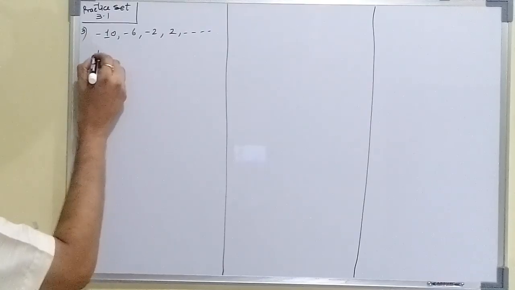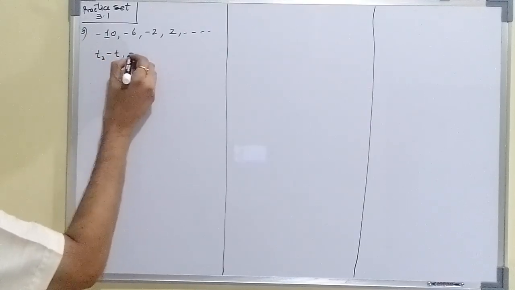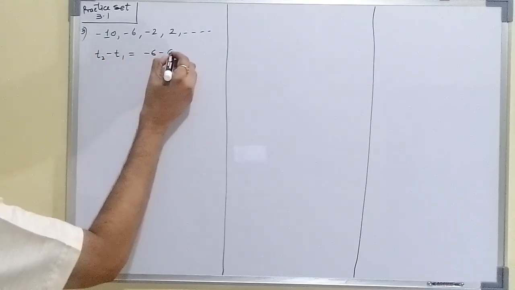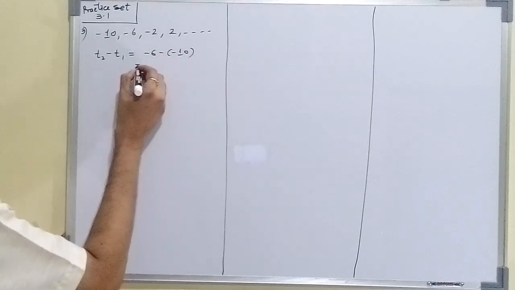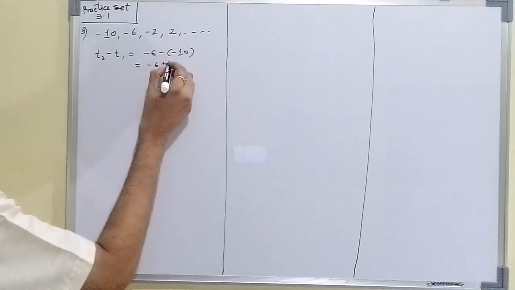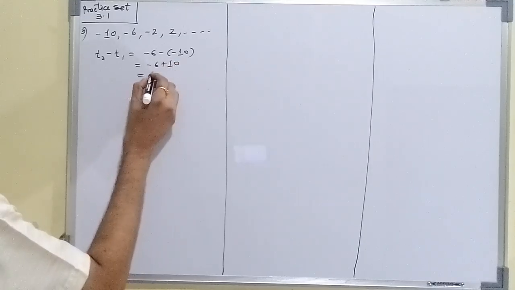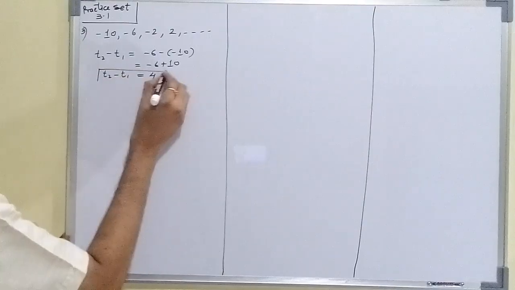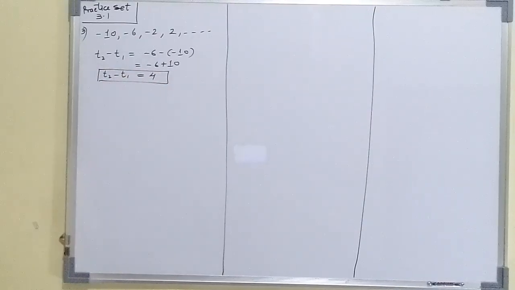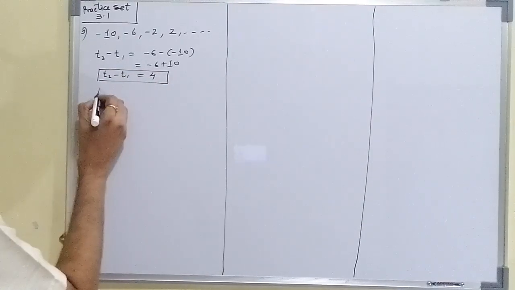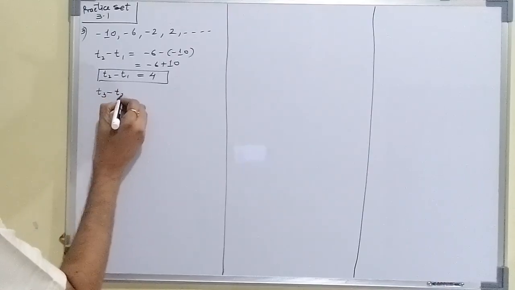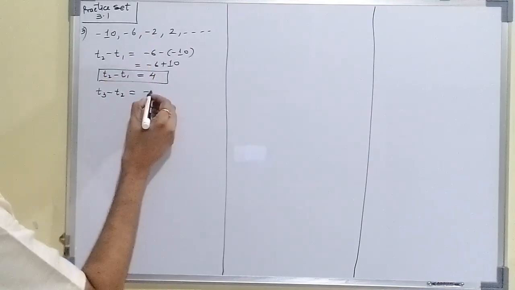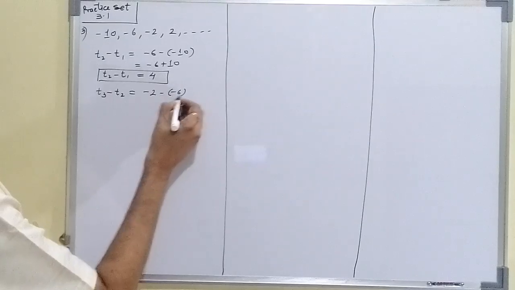So go for T2 minus T1. It is -6 minus of -10. How much is that? -6 plus 10. So this is 4. So T2 minus T1 is 4. Then you go for T3 minus T2. T3 is -2 minus of -6.